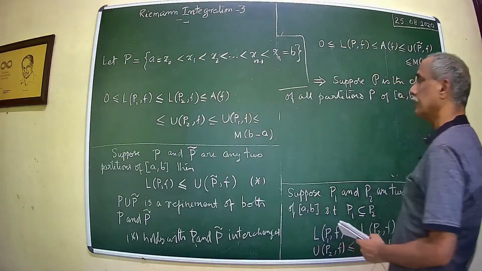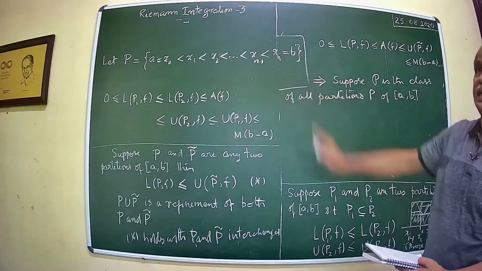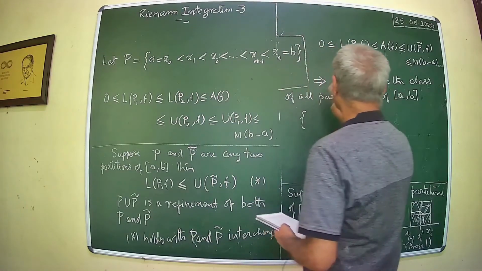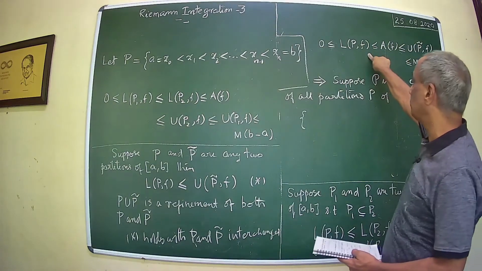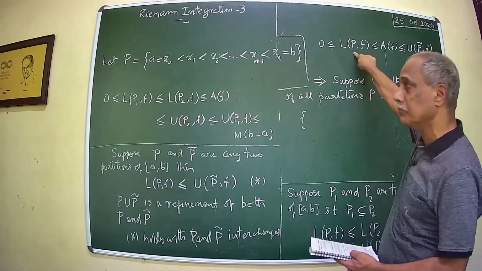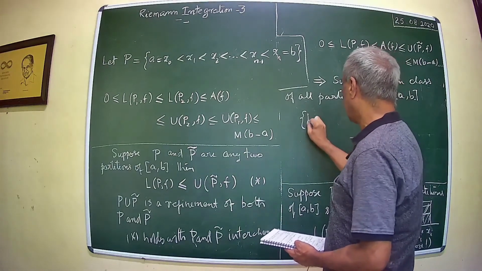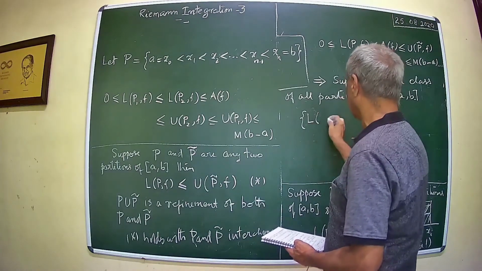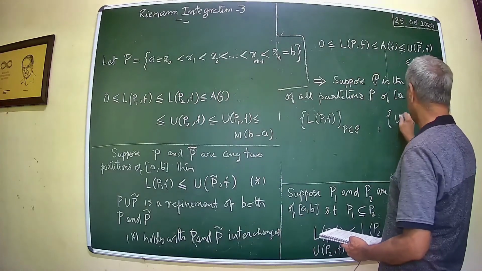What do I mean by that? It's a finite set of points satisfying an inequality of that kind. These are all numbers that you compute associated with F and P. So you look at the collection of all numbers L, the lower sums. So also you look at the collection of all numbers U.